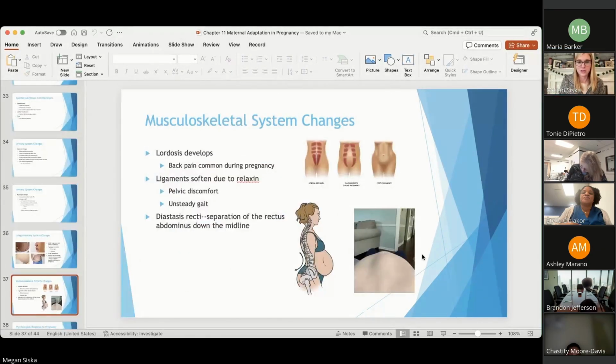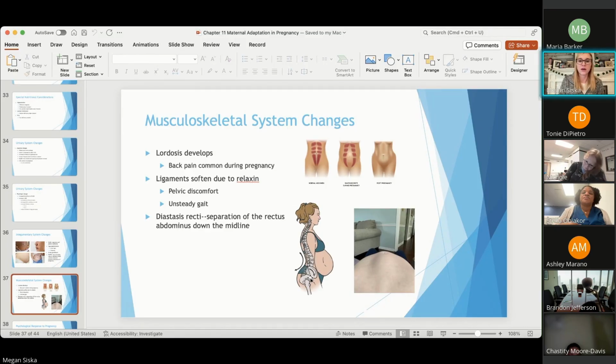All right. Other things, like musculoskeletal changes: lordosis, which is where your lower spine curves. I'm sure you remember from your geriatric rotations, kyphosis, which was the upper part of the spine. This is lordosis, the lower part of the spine that curves because it's trying to offset that growing uterus so you still have balance.